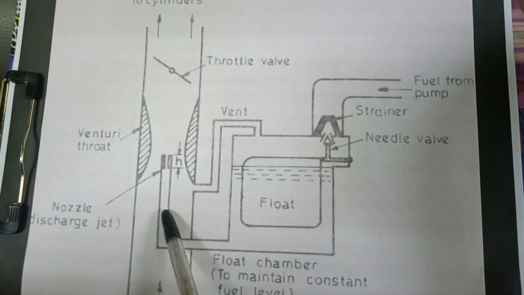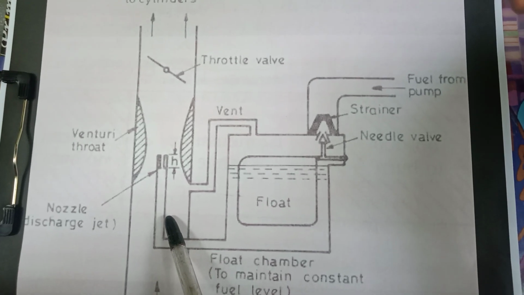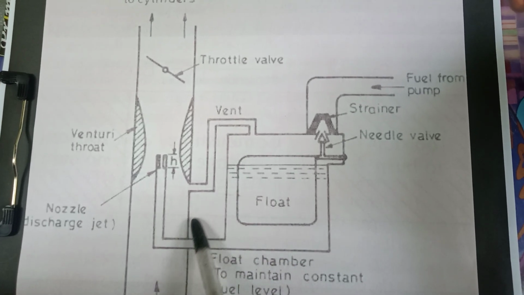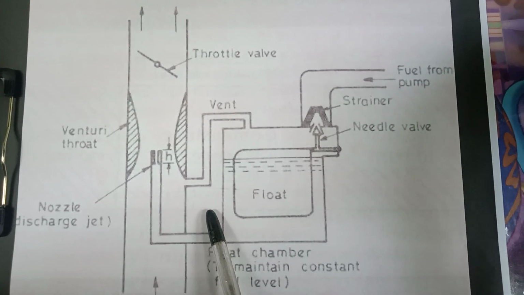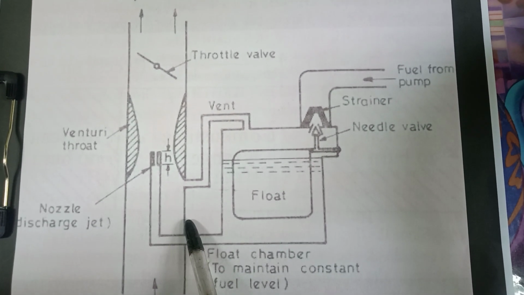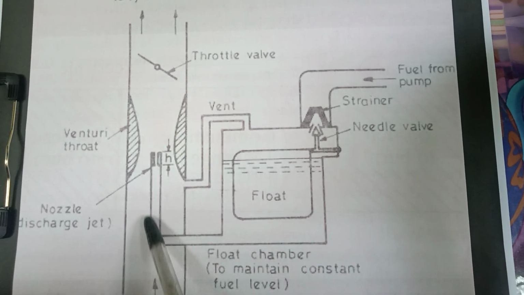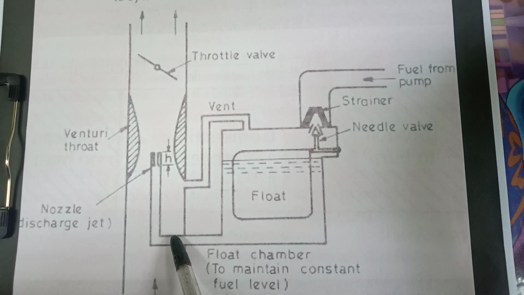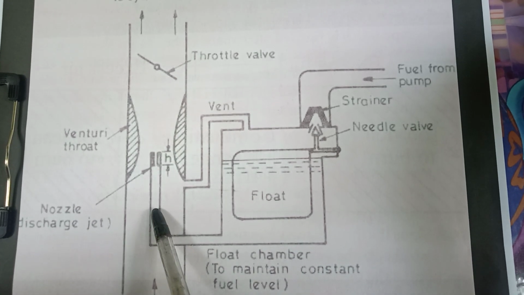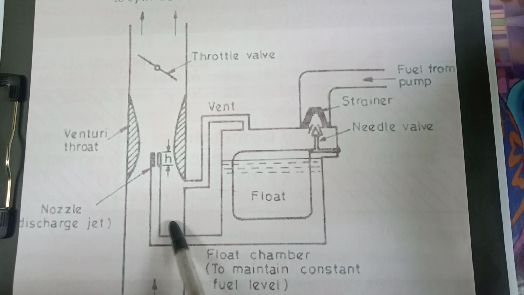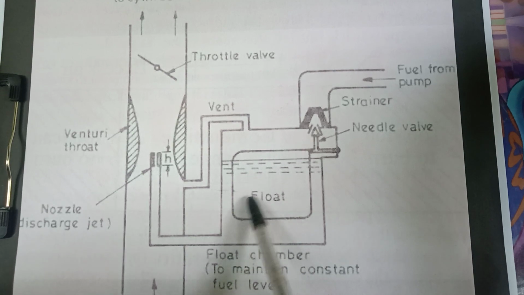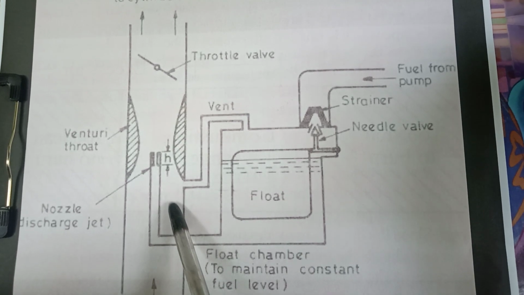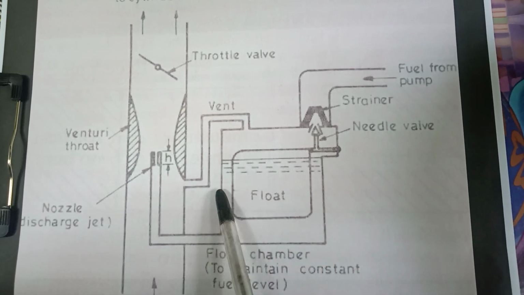But this is a simple carburetor. It doesn't meet the various requirements of the engine. The engine requires a rich air fuel mixture at starting, and it requires a lean air fuel mixture while cruising, and when there is a sudden requirement of power, again there is a rich requirement.